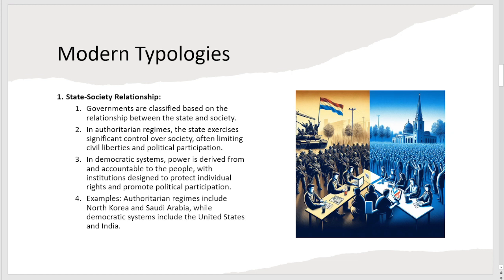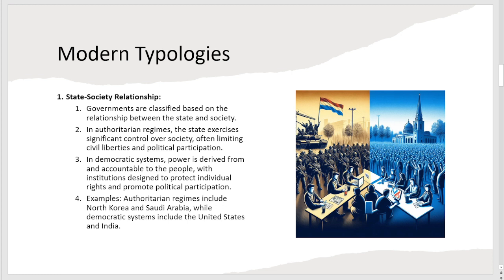In the modern typology, we can see that relationship by looking at the state and society. In an authoritarian state, those in power tend to benefit from or have more power over the society. In a democratic system, those in society tend to have more power than the state.